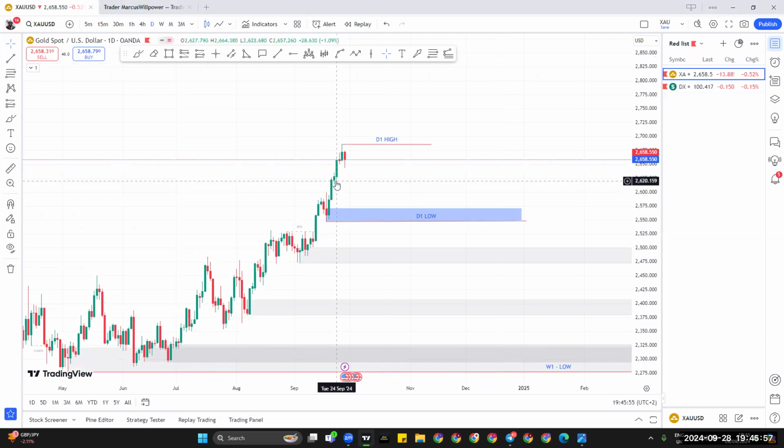I think I explained this last week that when the market is pushing up in such an aggressive manner like this, where I don't have any order blocks on the daily time frame, I will switch to the H4 and trade the trading model on the H4 time frame, since I can identify some order blocks and some continuation patterns on a smaller time frame if the daily time frame is pushing up in an aggressive manner like this.